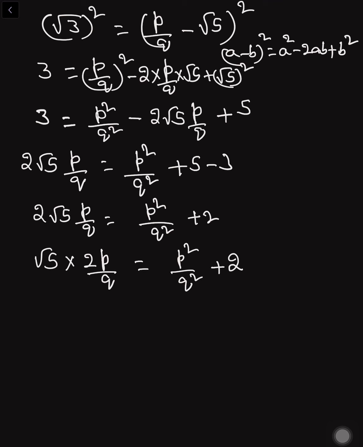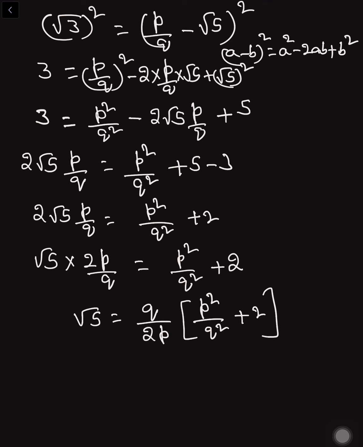Transpose 2p by q, root 5 is equal to, you can take the reciprocal, q by 2p into p square by q square plus 2. This one is again root 5.